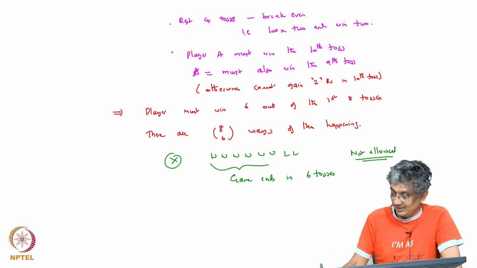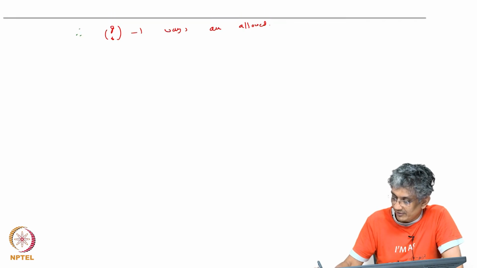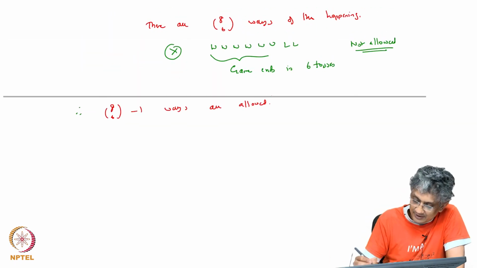Very cool. So what's allowed then? There are 8 choose 6 minus 1 ways that are allowed. That's what we figured out here. So that's equal to, I think, 27.